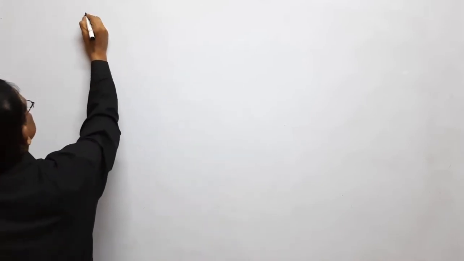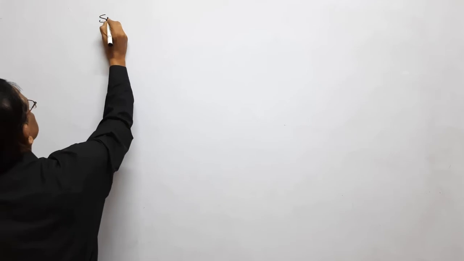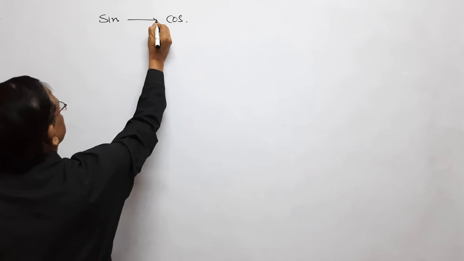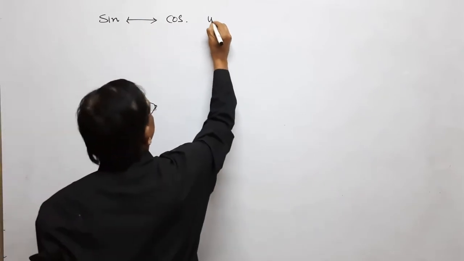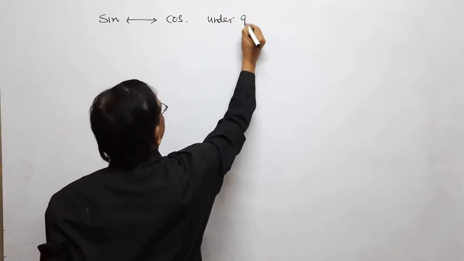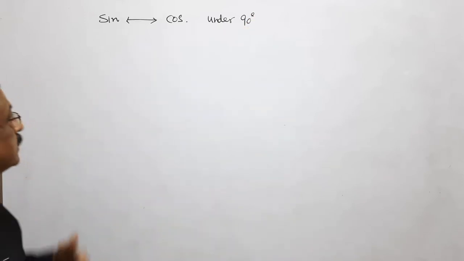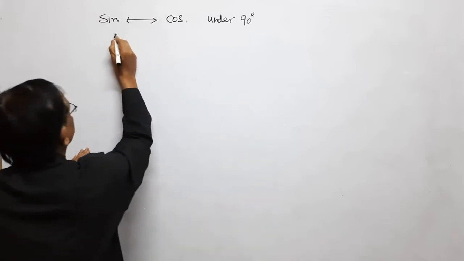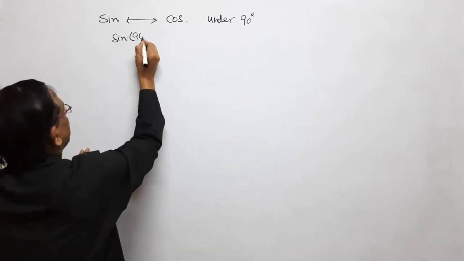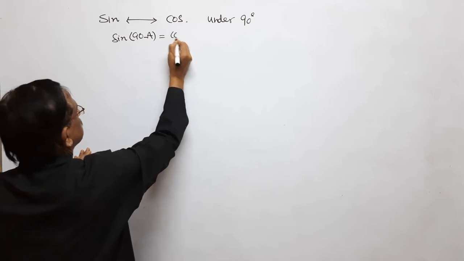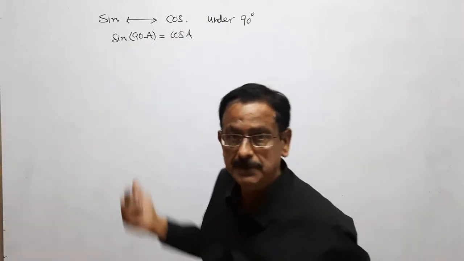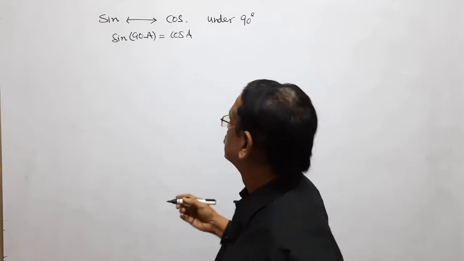So now, under 90 minus A, sine becomes cos, and cos becomes sine. Sine of 90 minus A becomes cos A. Similarly, cos of 90 minus A becomes sine A. That's what I have expressed in the previous argument.